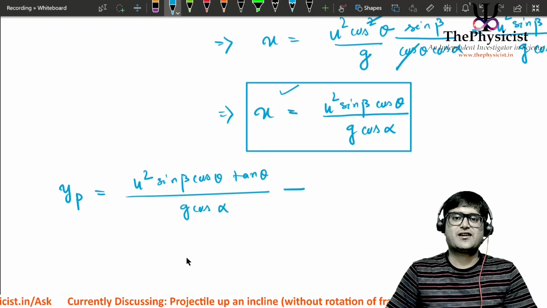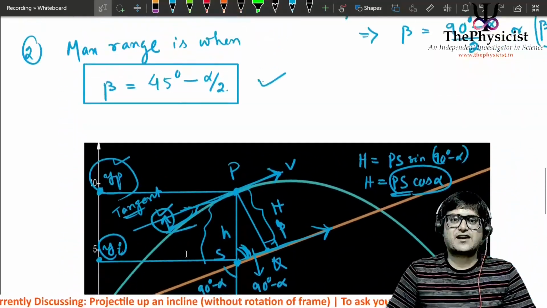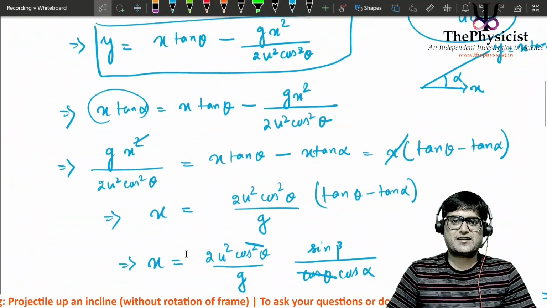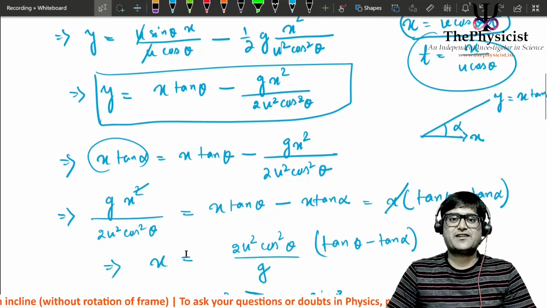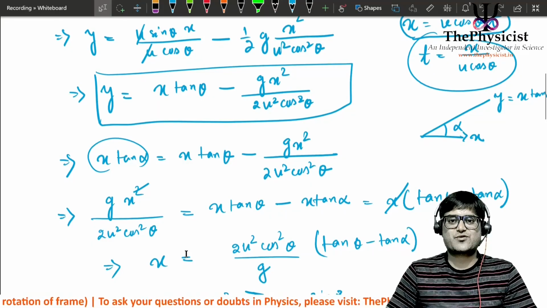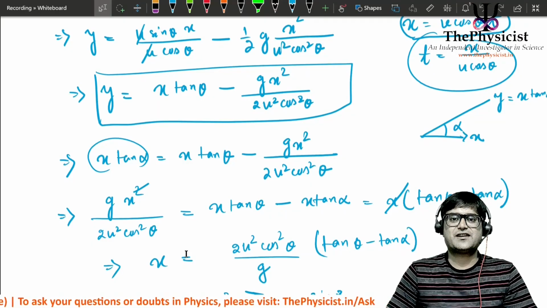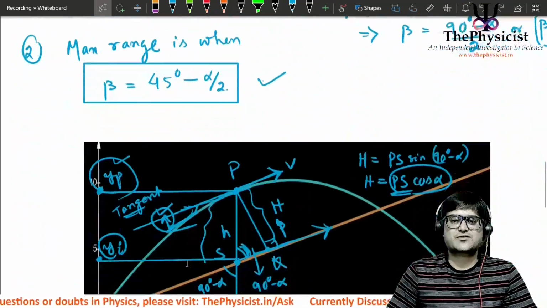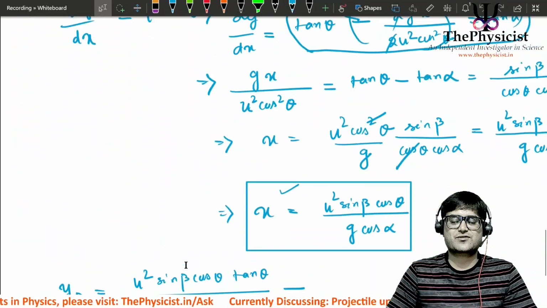minus, again, the projectile equation, refer back to that, gx squared divided by 2u squared cos squared theta.